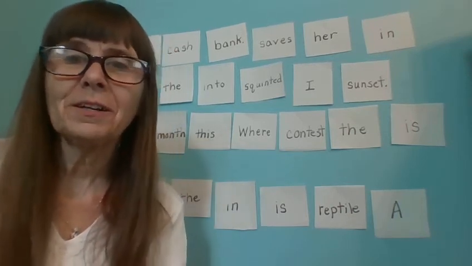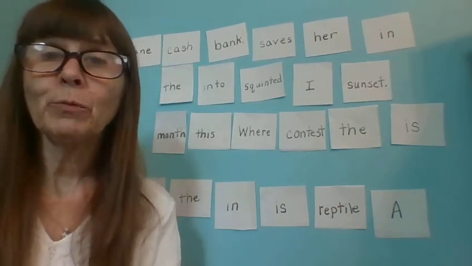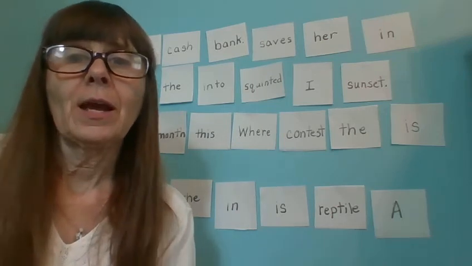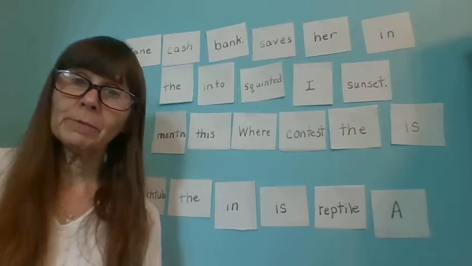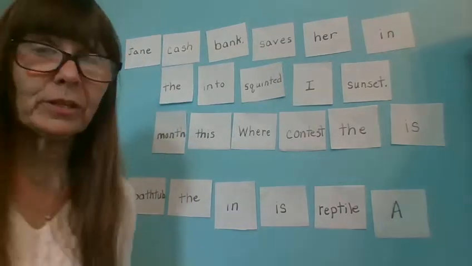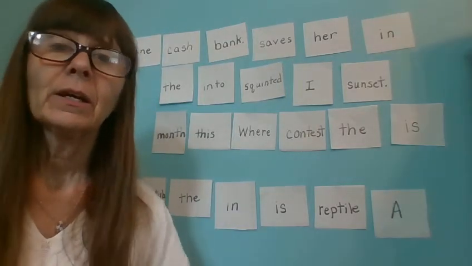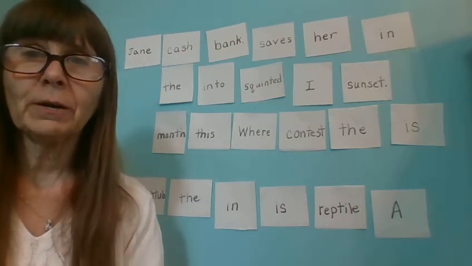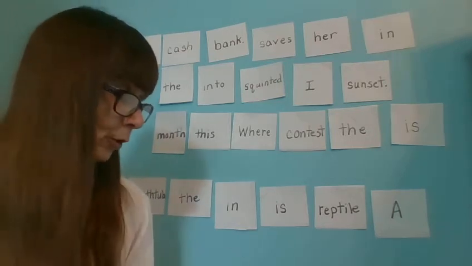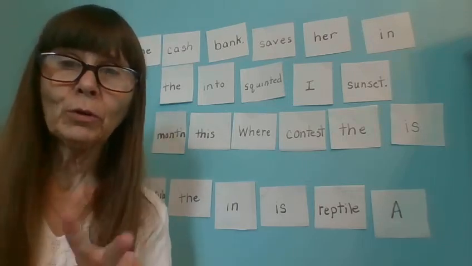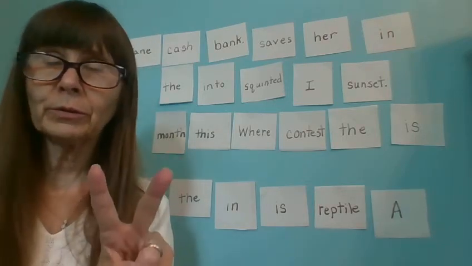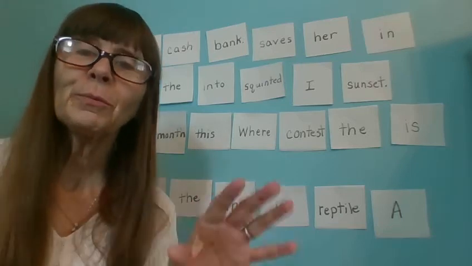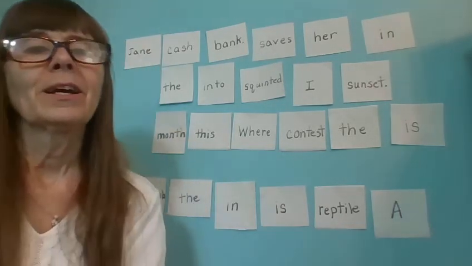First grade. We have been working a lot on two-syllable words and how to mark them, and I wanted to continue a little bit with that today. So what we're going to do is start off by looking at some words that have closed syllables, two syllables with closed syllables.